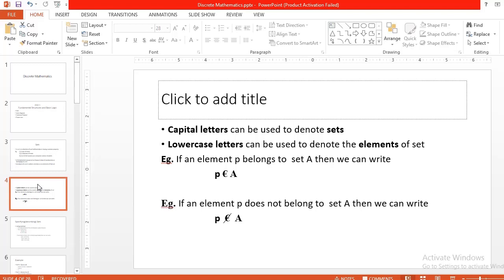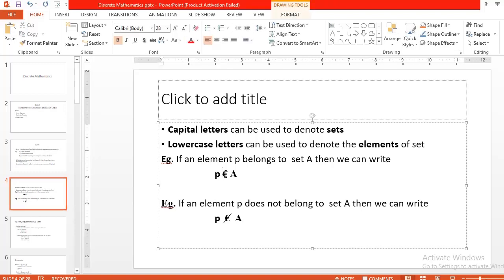See one example: if an element p belongs to the set A, then we write p belongs to A. This symbol is called the belongs to symbol. So p is an element of A, and we write p belongs to A.